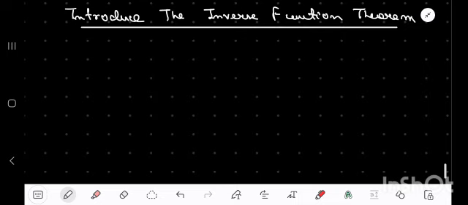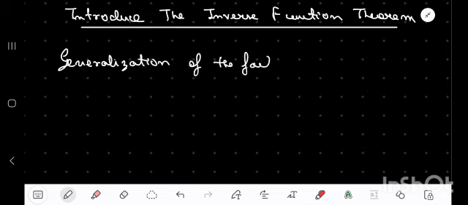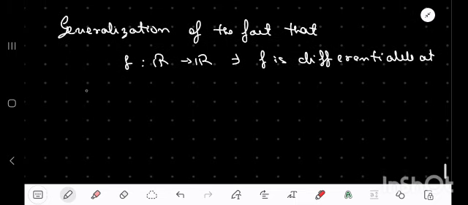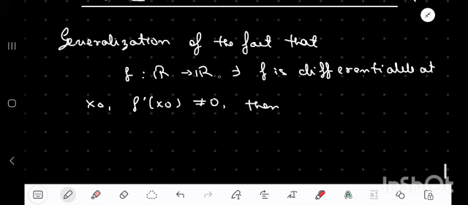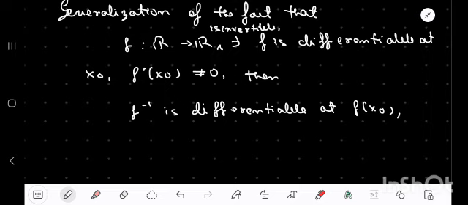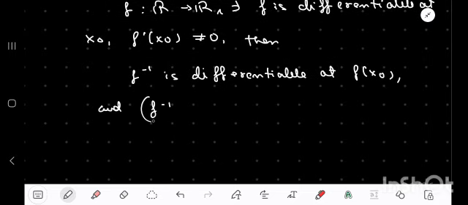The other way to think of the inverse function theorem is a generalization of the fact that if f is a function from R to R, differentiable at, let us say, x naught, with f prime of x naught non-zero, and f from R to R is invertible, then f inverse is differentiable at f of x naught, and the derivative of the inverse at the point f of x naught is given as 1 upon f prime at x naught.